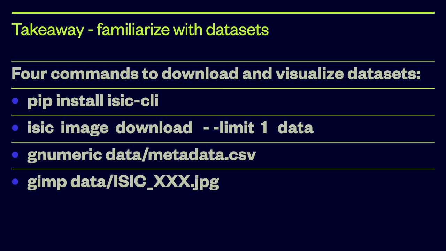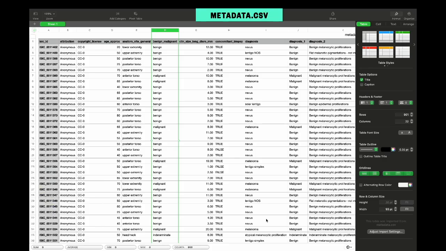The next part of the video is more like a preview of what we are going to do in one of our next videos. For this video, the main goal is to get familiarization with the datasets.